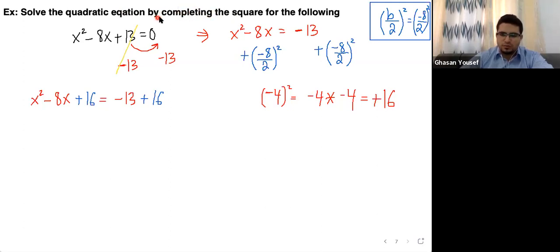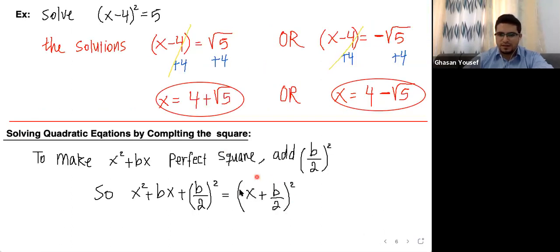So to solve it by completing the square, we have to add b over 2 squared. And when we add these things to both sides, I will get a perfect square, something like this: x plus b over 2, everything squared. And this I can solve like this: x minus 4, everything squared equals 5, by the simple quadratic equation. Again, the goal of adding b over 2 squared is to get a perfect square.